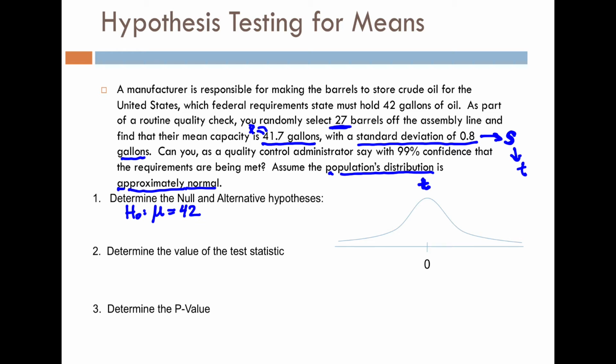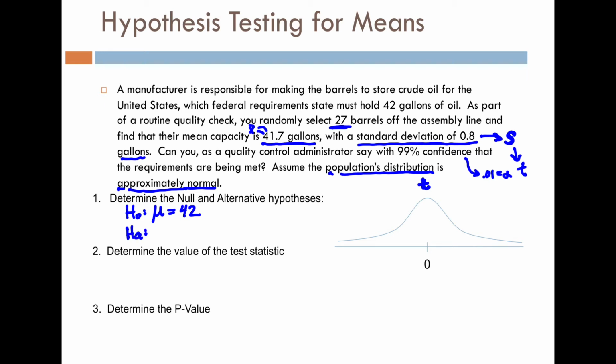We want to say with 99% confidence, which leads us to a 0.01 value for our alpha, our 1% significance level, we want to say that the requirements are being met. So we would have a problem if it was less than that, and we would have a problem if it was more than that. So there's really no direction that they give us.